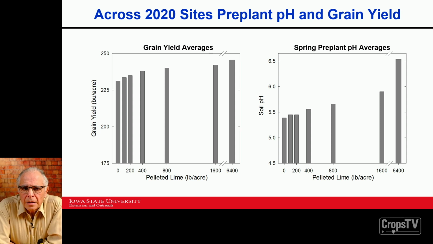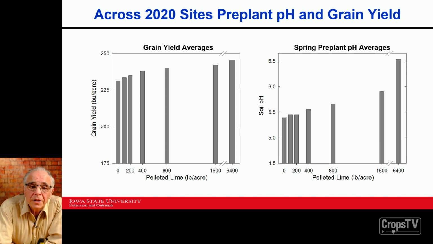And the graph on the left showed the grain yield response. You see, as we expected, the higher the application rate, the higher the yield increase. Now note that I put a break in the x-axis between the 1,600 pounds and the 6,400 pounds rates, okay?